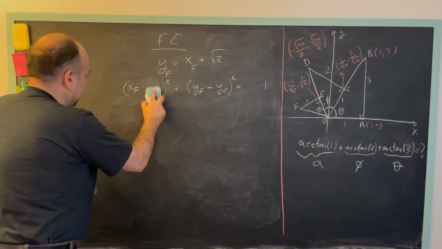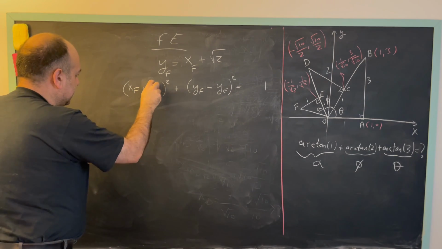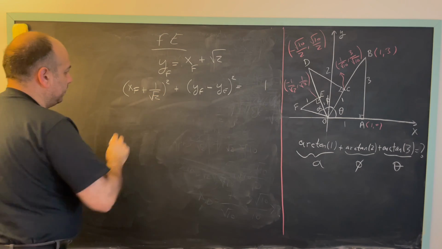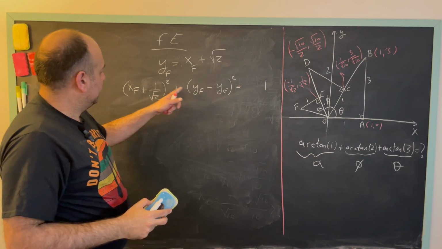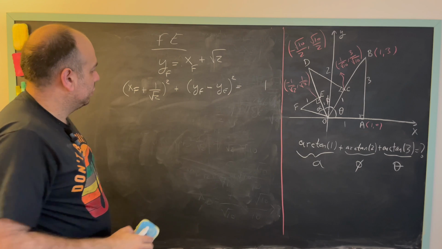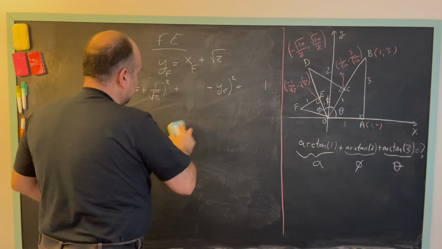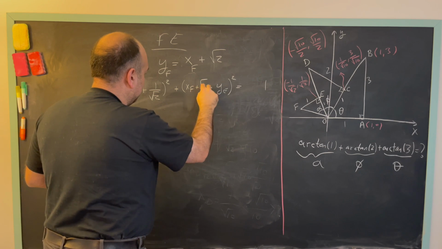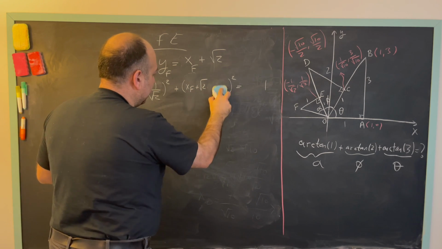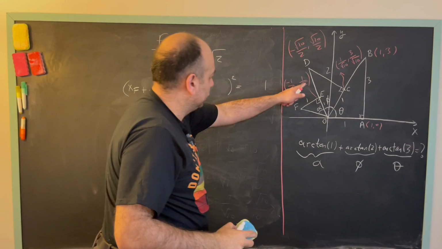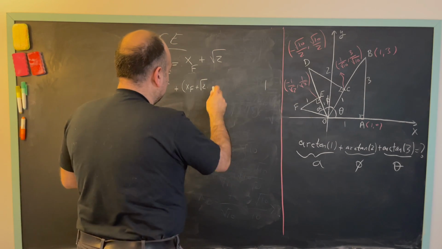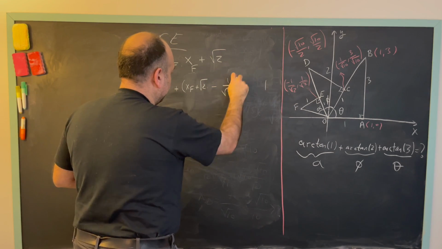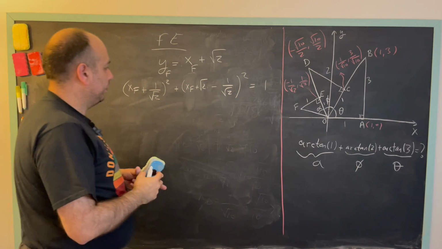So I can simply write it here. This becomes plus 1 over square root of 2. yf is given as xf plus square root of 2. So I can simply write it here, xf plus square root of 2. And ye is equal to 1 over square root of 2 here. So this is minus 1 over square root of 2, squared, is equal to 1.